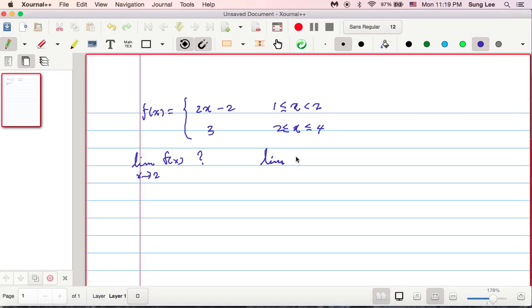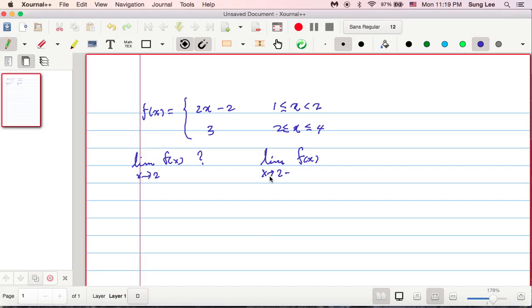So first, let us talk about the left hand limit. So the limit of f of x when x approaches 2 from the left side. In other words, the x values that are approaching the number 2 are less than 2, right?